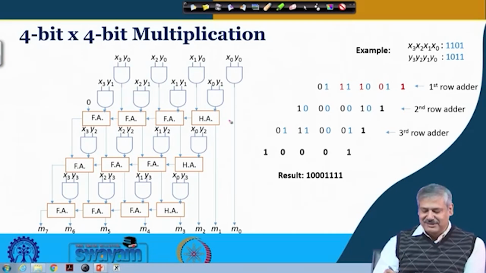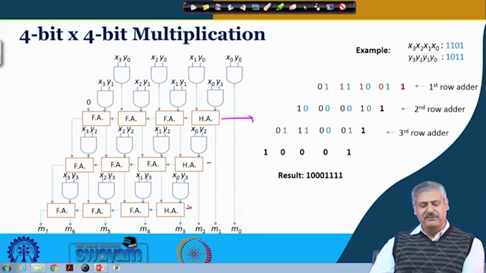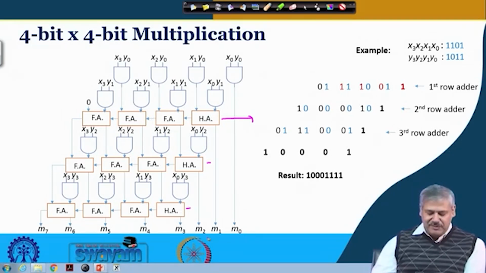If it was 4 bit by 2 bit, this is the bank of adders where we had ended the result. Now, 2 more bits are there, the 3rd bit and 4th bit, for which you see another 2 such banks of adders. And this will give you finally m0 to m7.